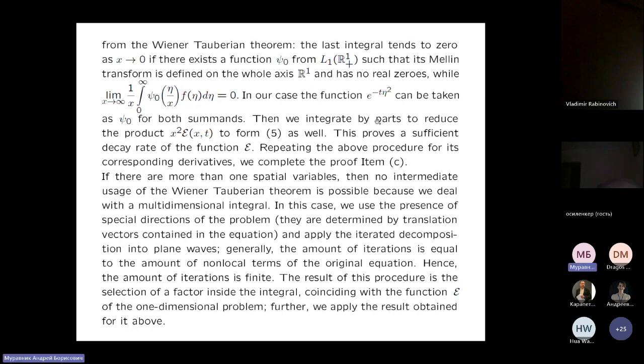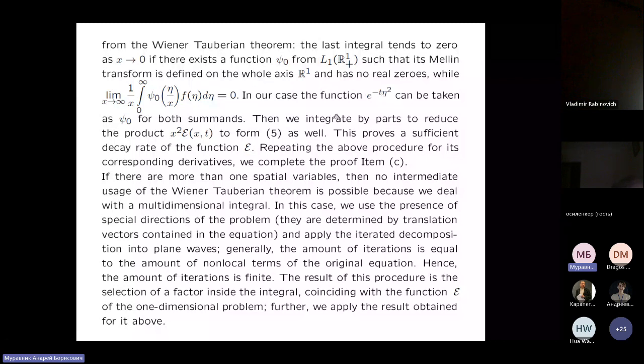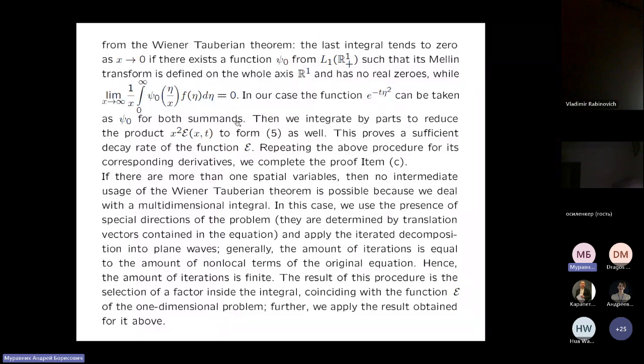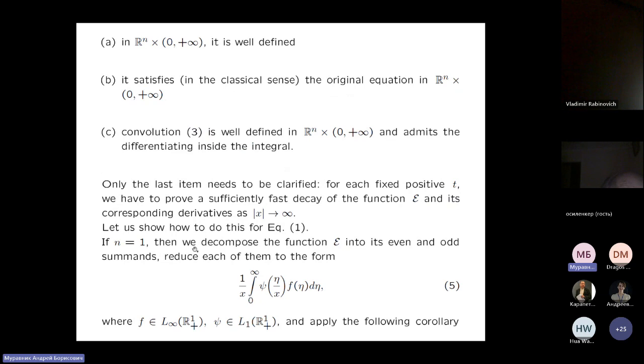We can explicitly check that all our assumptions are satisfied for it, and then we prove that this function, the kernel, tends to 0 at infinity.